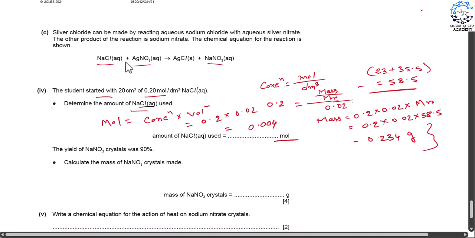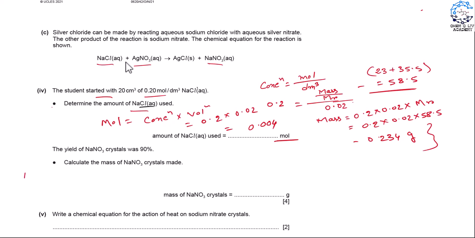From the equation, 1 mole of sodium chloride reacts to form 1 mole of sodium nitrate, NaNO3. So the equation is balanced. How many moles of sodium chloride do we have? 0.004 moles. So 0.004 moles of sodium chloride is going to form 0.004 moles of sodium nitrate.